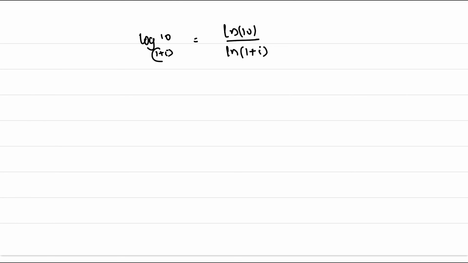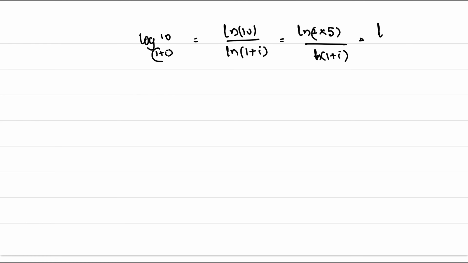ln 10 is nothing but ln of 2 into 5. That is, it is not into here, it will be plus. ln of 2 into 5, whole divided by ln 1 plus i.